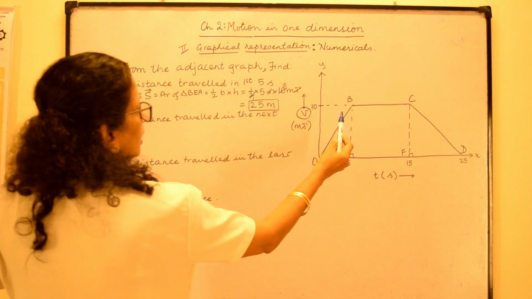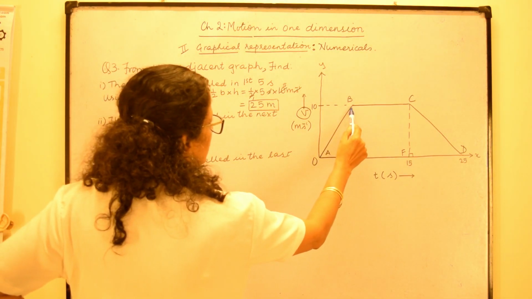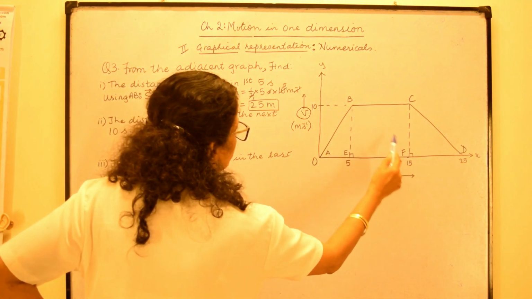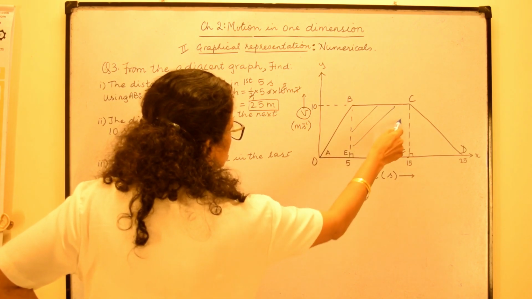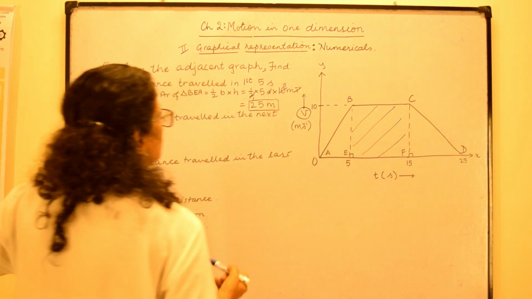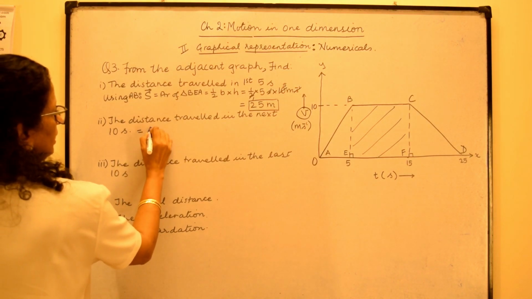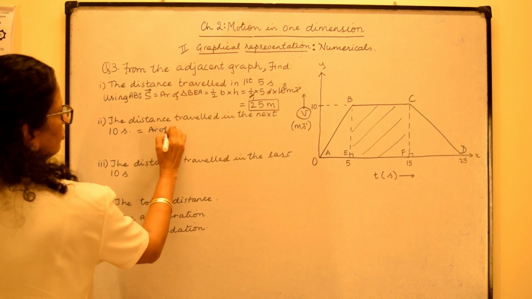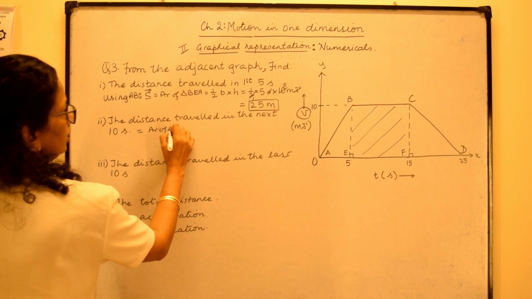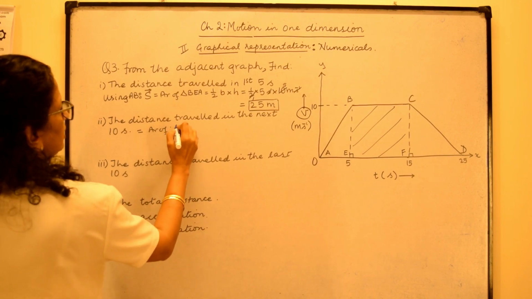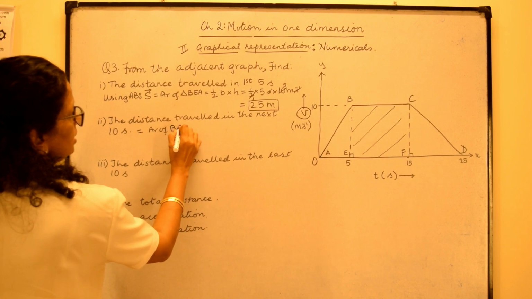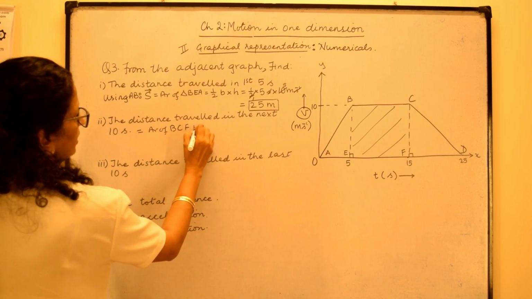Now next 10 seconds is from 5 to 15, and that gives us area here. So this will be equal to the area of rectangle, or it's a square, yes, of BCFE.